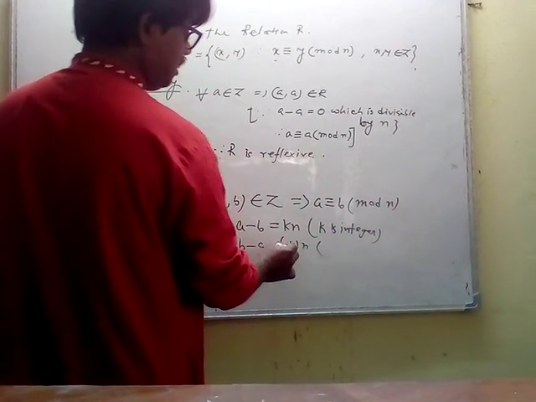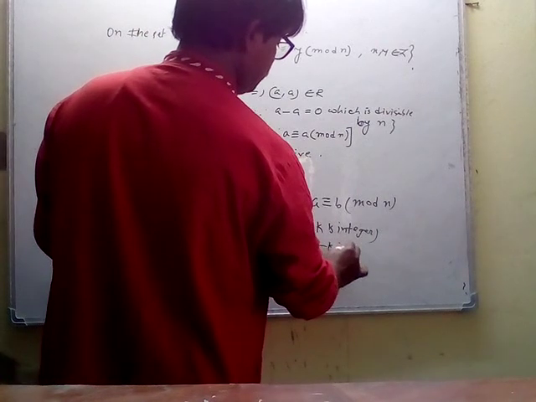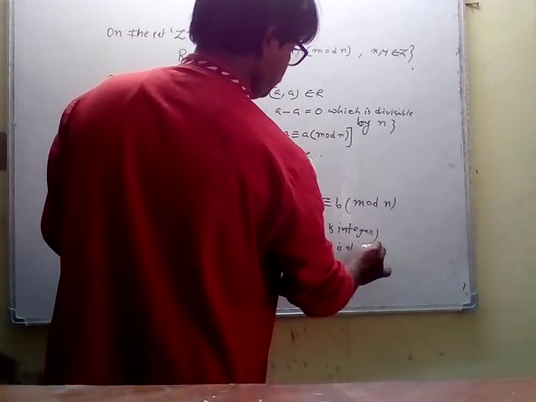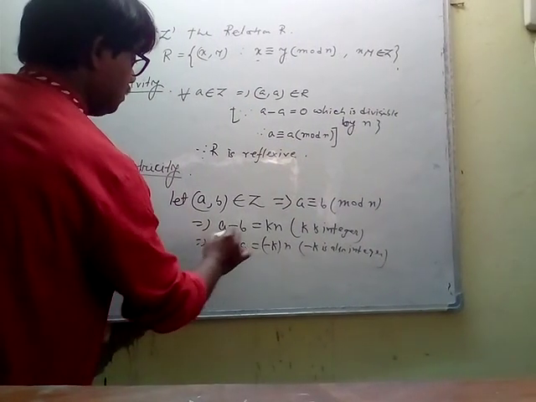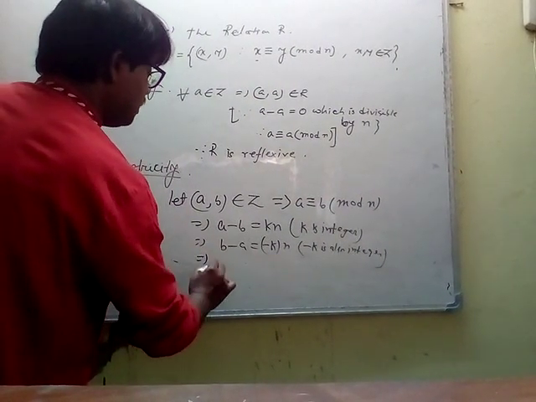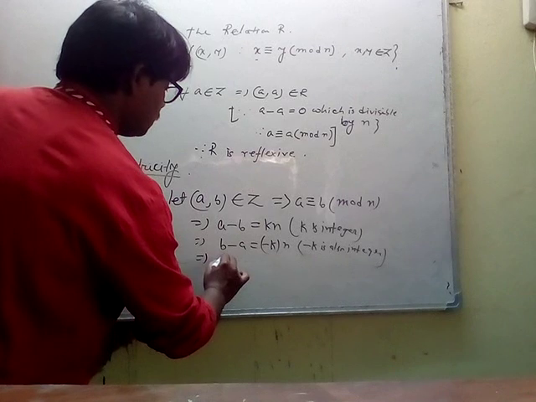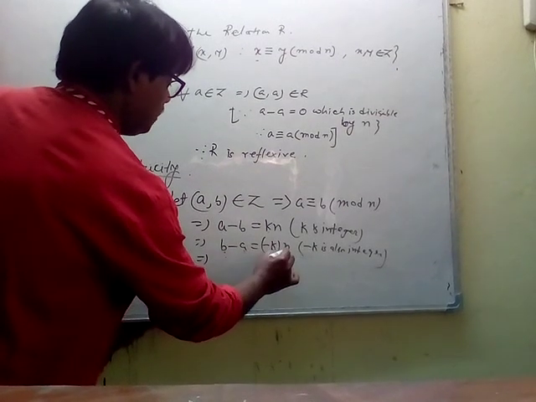If k is an integer, then minus k is also an integer. Multiplying both sides by minus, b minus a is divisible by n.